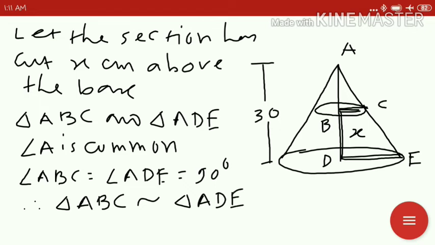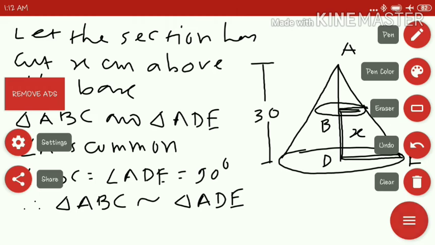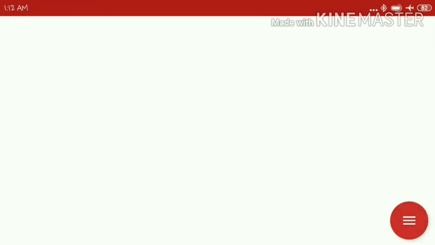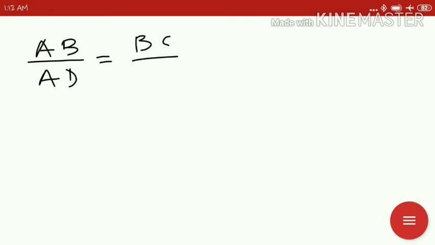As two triangles are similar, we can say that the sides of the triangles are in fixed ratio. So here I will write that, as they are similar, AB by AD equals BC by DE.